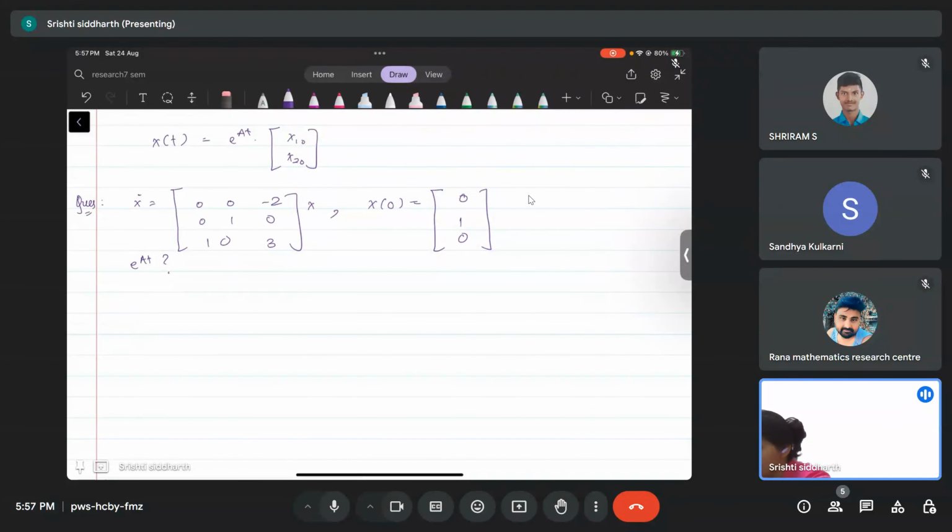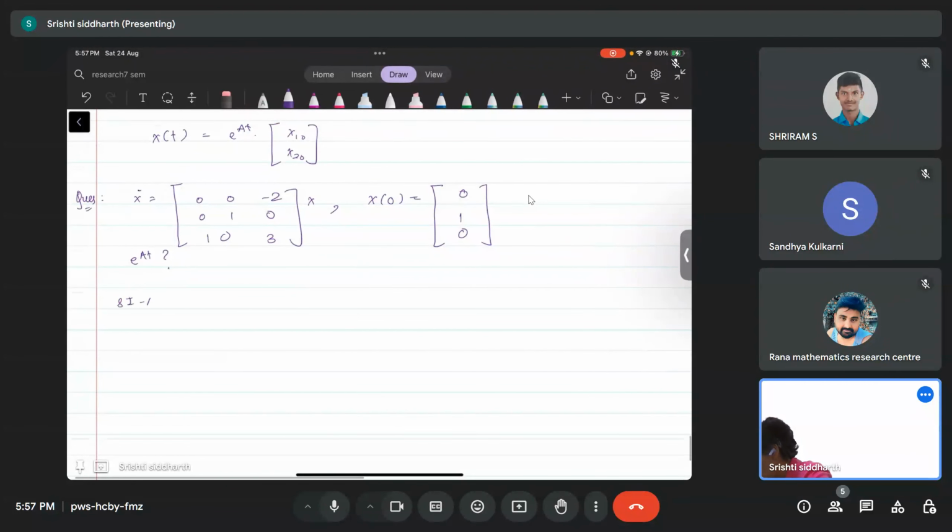Okay, we first have to compute (sI minus A) inverse. So we have s minus 1, s minus 3, 0, 2, 0, 0, 1, minus 1, 0.